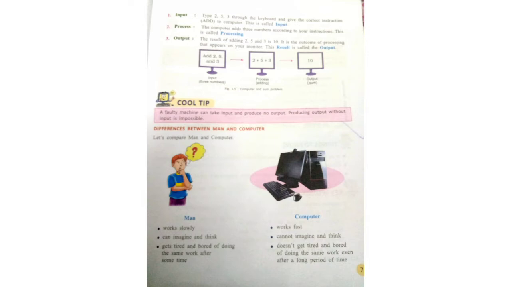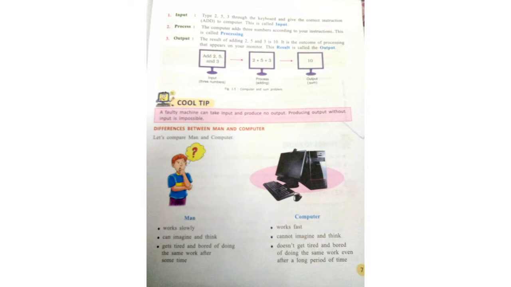You all know what is input, what is process, what is output. You all understood this during my physical session, and they work in steps. You all know that a computer works in steps. Computer किसी step के बगैर काम नहीं करता.